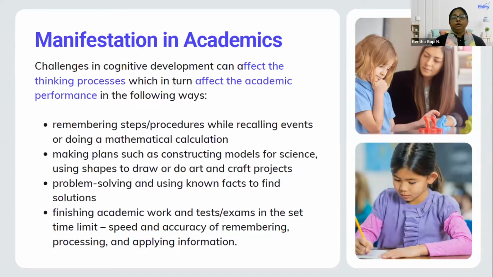Problem solving: again, if you already have a set of facts or data with you, using that data to find solutions. So, basically using information collected over time to find solutions. It could be as simple as a growing a plant project. You're growing a potted plant, and as part of an experiment, you might put some plants in the sun with enough water, another set of plants with no sunlight but only water, and another with no water and no sunlight.